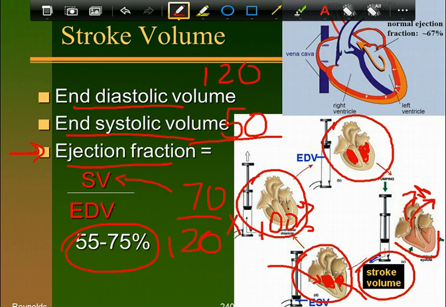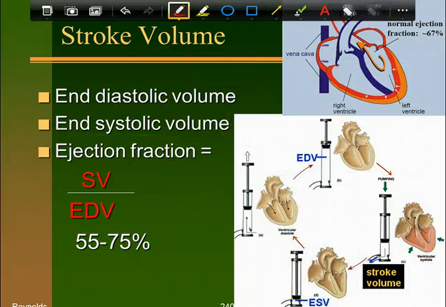So if you're in good condition, maybe 75% of all the blood in your heart, as it fills up during diastole, when it's relaxing to the max, will get pumped out. That's a very efficient heart. If you've had a heart attack and you've had a lot of damaged heart muscle and it just isn't strong enough to push a lot of stroke volume out, you're going to have a lot of blood remaining in the heart at the end of your systole, and your end systolic volume is going to be high, and that makes for an inefficient heart.